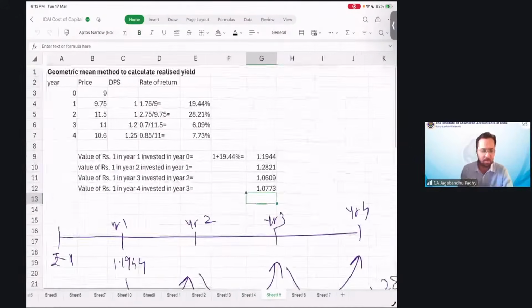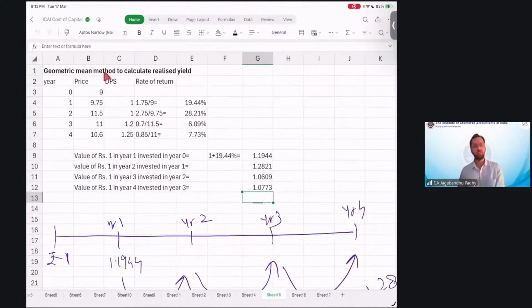Let's say you want to calculate the realized yield using geometric mean method. So you have the prices given over here and the dividend per share. So you calculate the rate of return every year. So first year 19.44, second year 28.21, third year 6.09, and then you have 7.73.